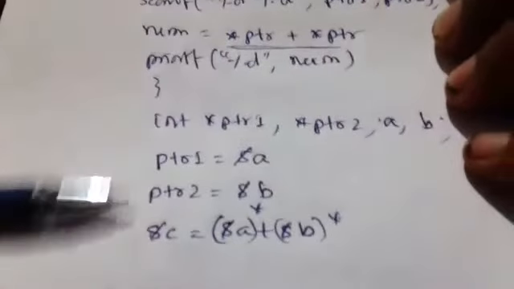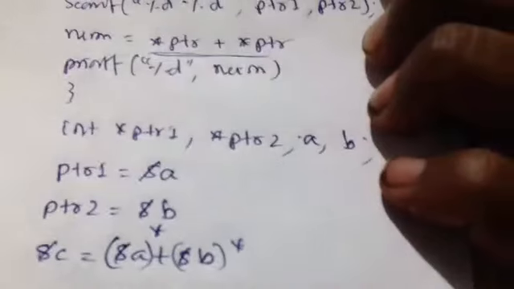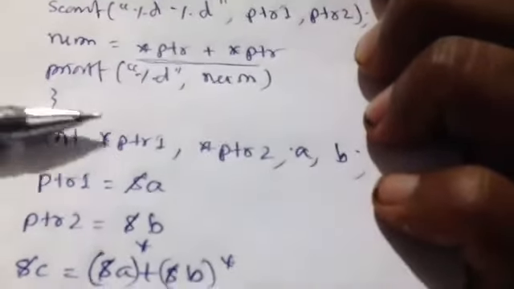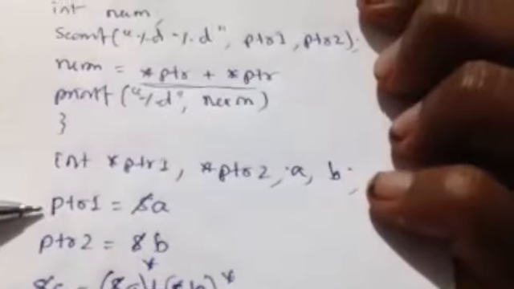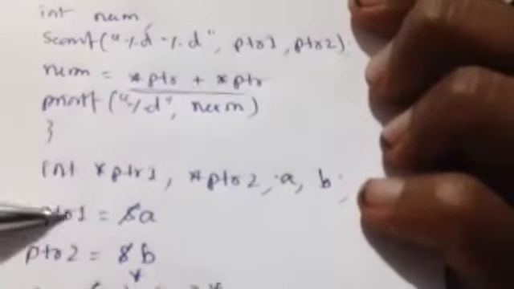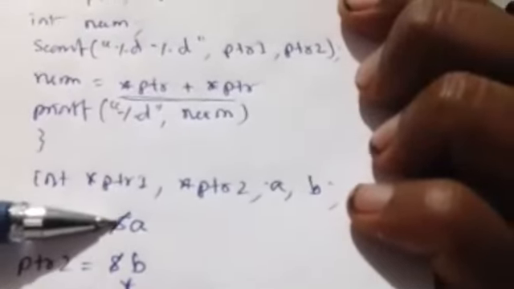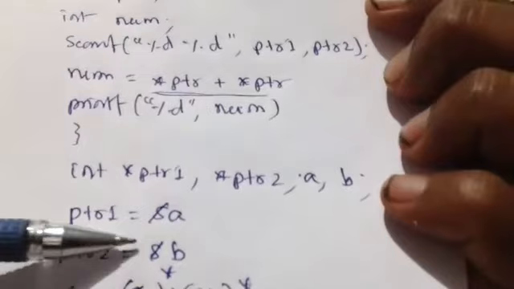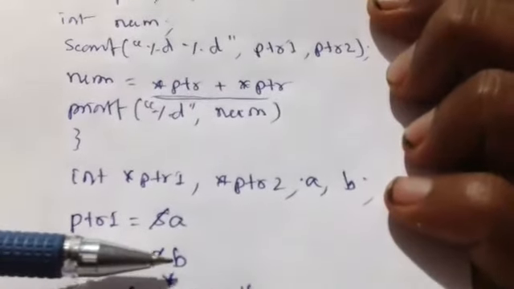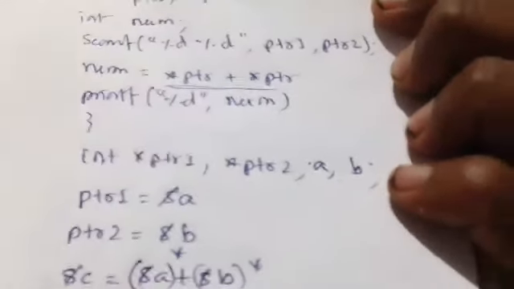This part is clear. I declare two pointers, pointer 1 and pointer 2. I use two variables A and B. I assign to PTR1 the address of A, and to PTR2 the address of B.